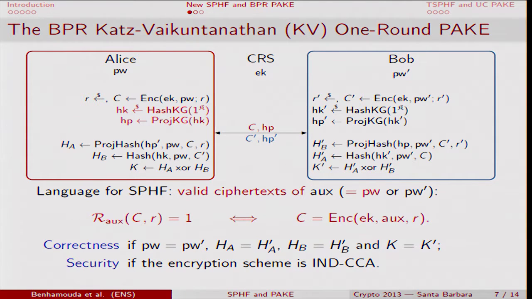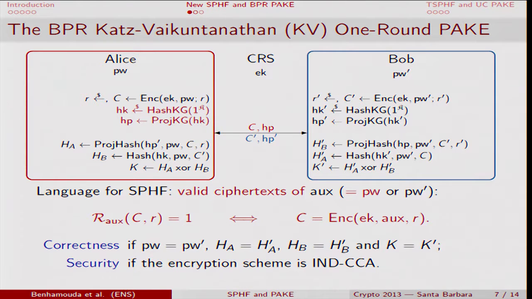Intuitively, the projection key will help Alice ensure that Bob has committed to the same password as her. So Bob does the same, and then the resulting key in the protocol is just the XOR of two hash values: the hash value of Alice's ciphertext under Bob's projection key, and the hash value of Bob's ciphertext under Alice's hashing key.